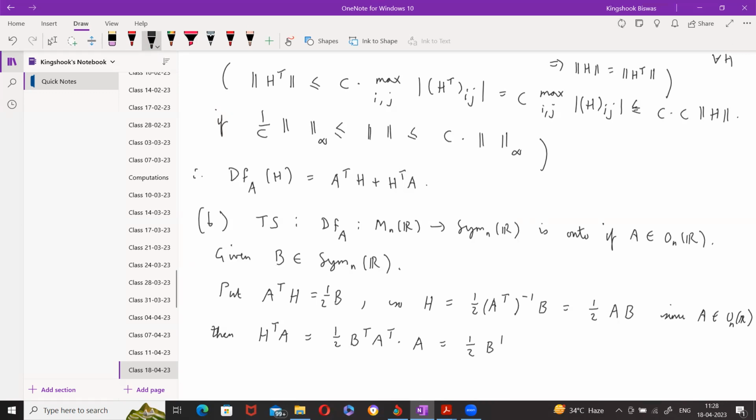So this is half B transpose, which is half B. And so you're done. So you add up these two and you'll get B. All right, let me move on to the next one.